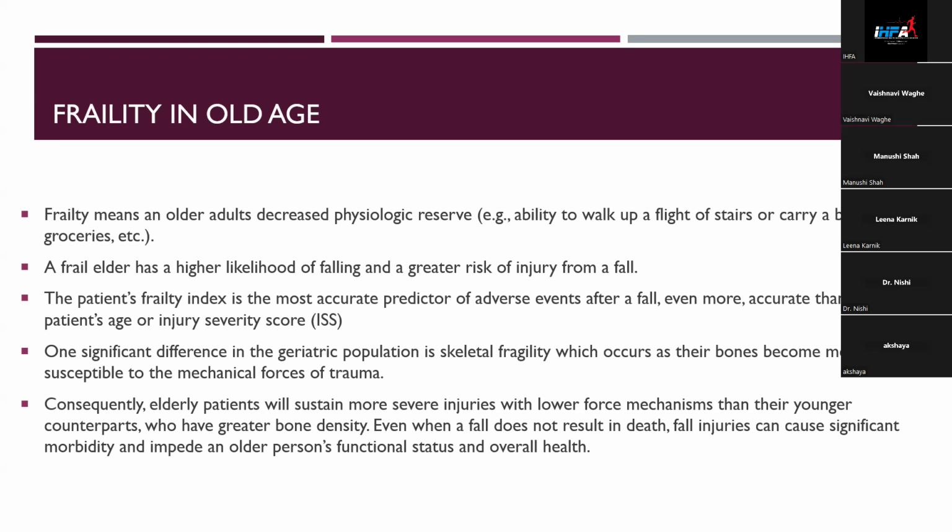Okay. So now the next topic we are going to is frailty in old age. Now, what is frailty? Can anyone tell me? What do you mean by frail? Weakness. Okay, very good. Difficulty to progress a task. Okay.